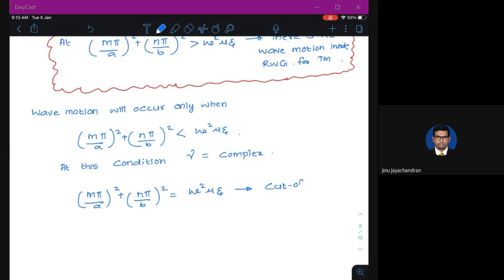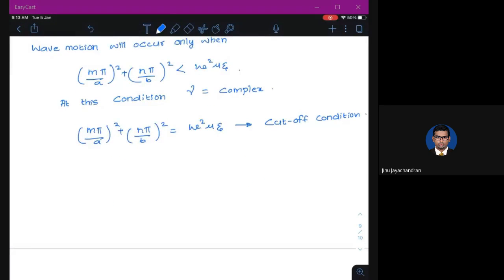This is the cutoff condition. If it is equal, the wave can occur or might not. If it is less than, then the wave will occur. And if it is greater than, the wave will not occur.